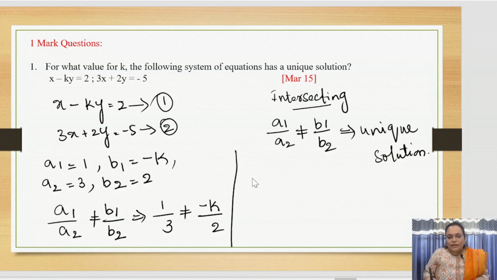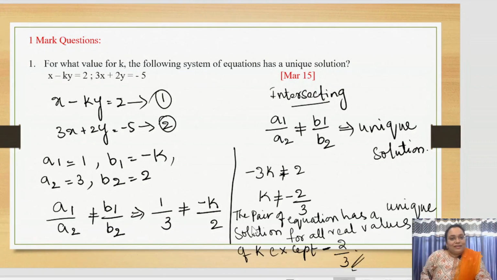When you cross multiply, you will get minus 3k is not equal to 2. So you will get k is not equal to minus 2 by 3. Therefore, the pair of equations has a unique solution for all real values of k except minus 2 by 3.